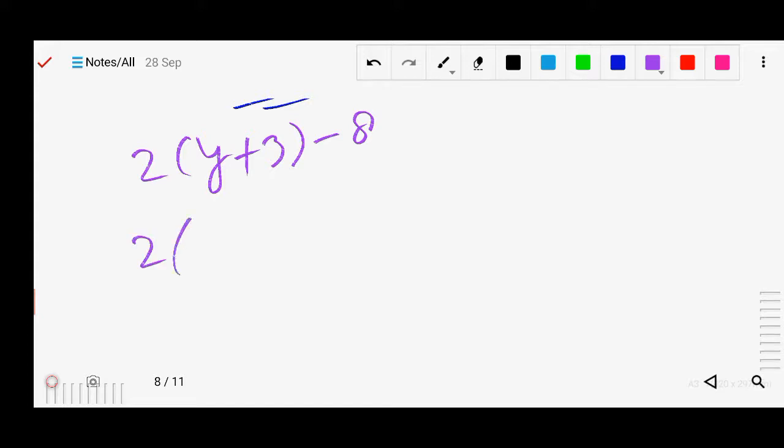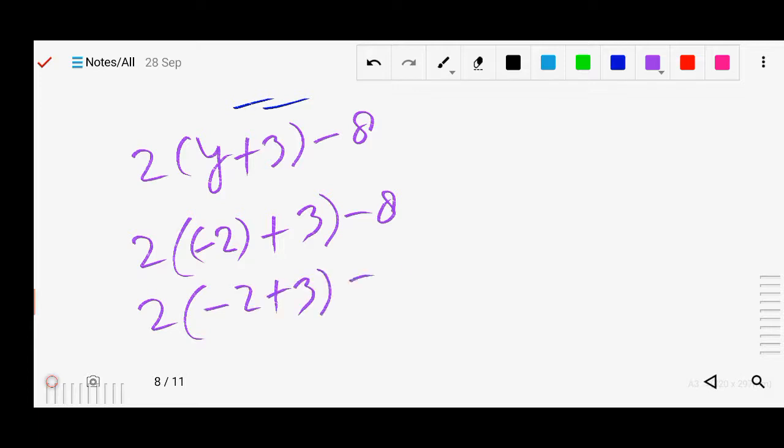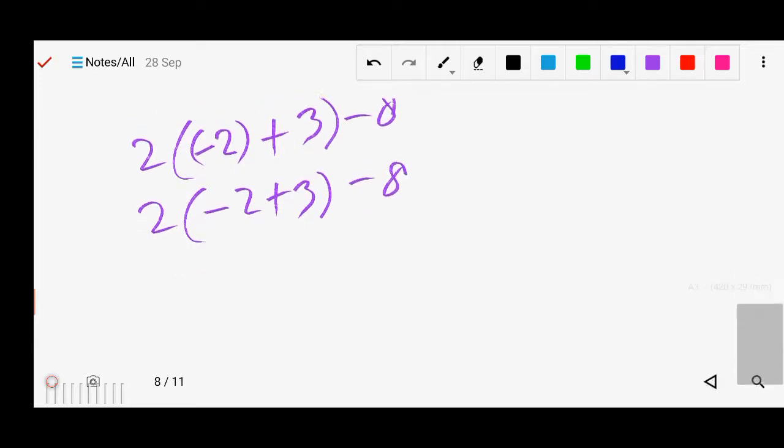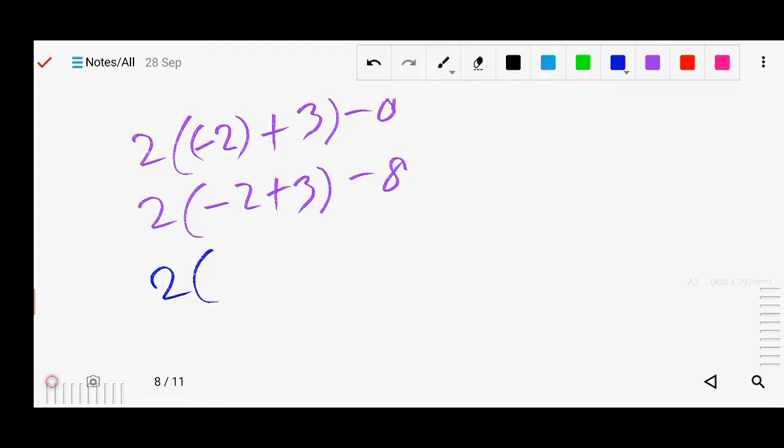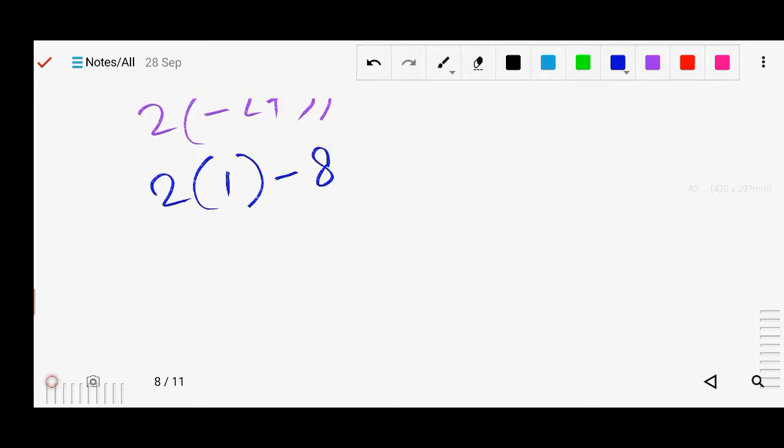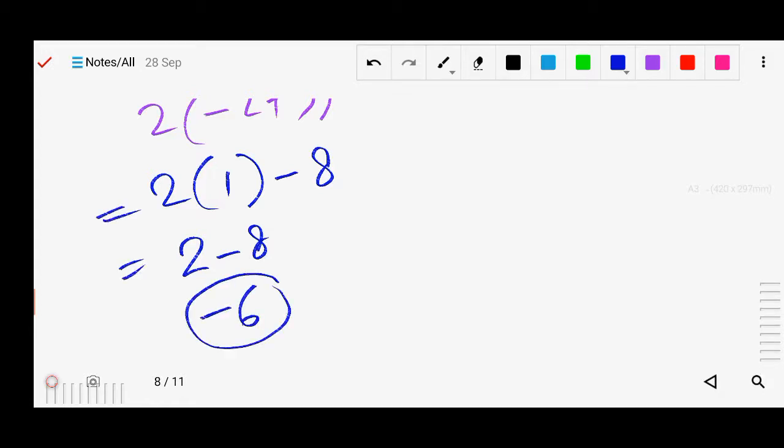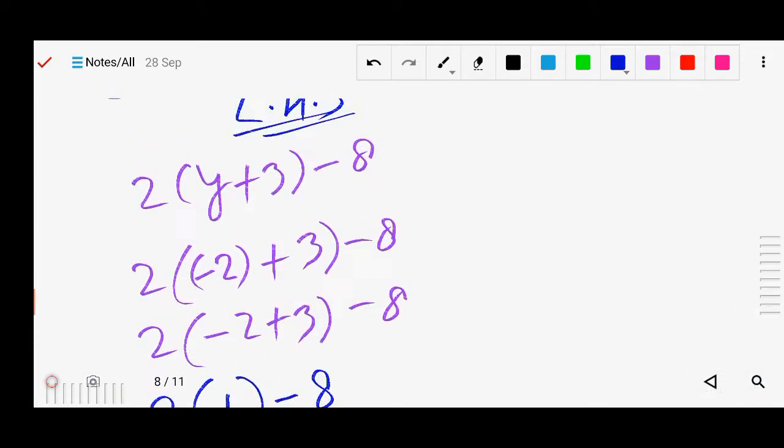So we can write here minus 2 plus 3, equals, here is the minus 8. First of all inside the bracket minus 2 plus 3, that we can solve. So that will be 1, minus 8. Okay, now 2 into 1 is 2, minus 8, so you can solve, it will be minus 6.